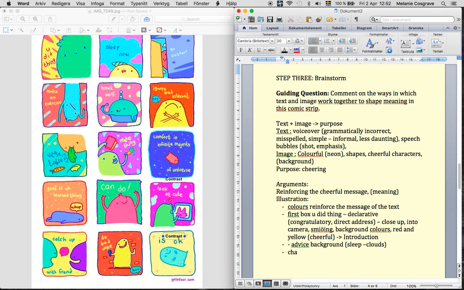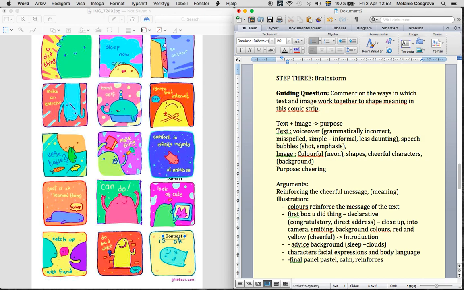Then we have the characters and their facial expressions and body language for emphasis, working together. And we have as well the final panel, which is pastel, and it is calm, and it reinforces the message that everything is okay.